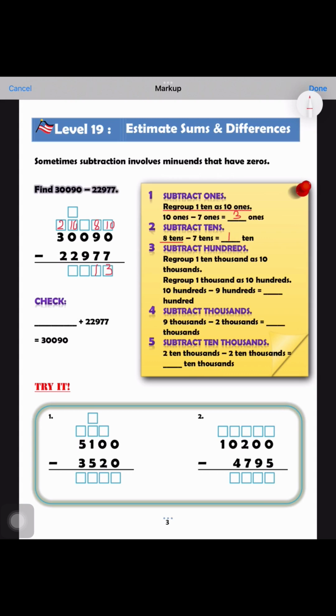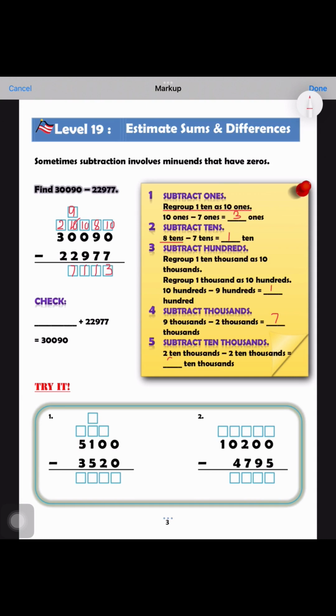The 3 in the 10,000s place becomes 2. So 2 10,000s minus 2 10,000s. The answer is 0 10,000s. Therefore, the answer is 7,113.